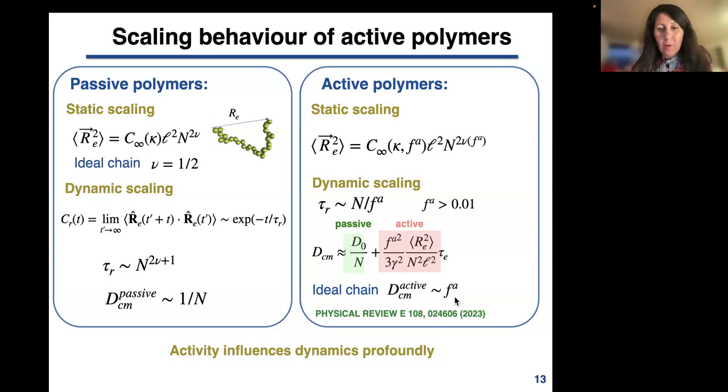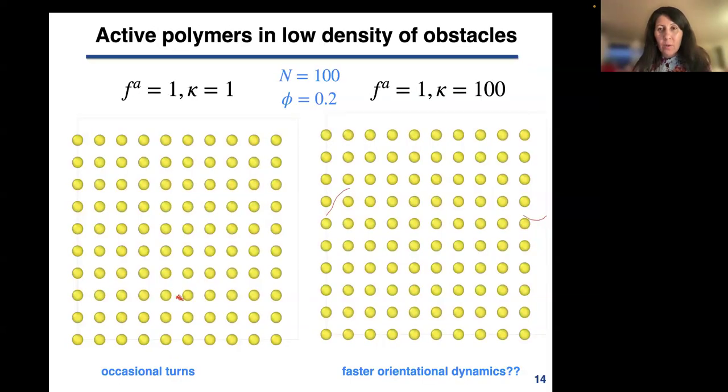So the question is now, what happens to these properties? I'm not going to look at the scaling, but I'm going to look at the dynamics when you have an ordered array. So we look first at a rather low packing fraction of a square lattice of circular obstacles. And again, for two kinds of stiffness, one is flexible and one is semi-flexible.